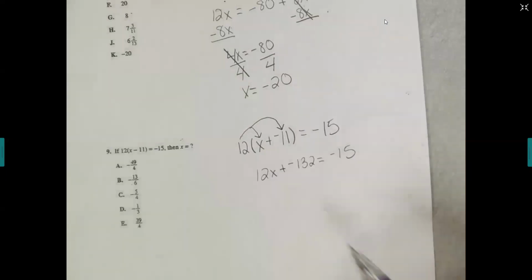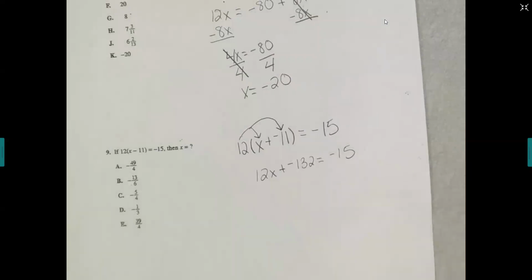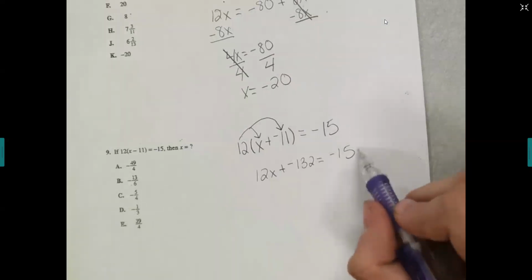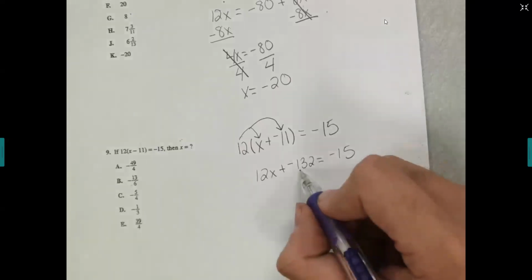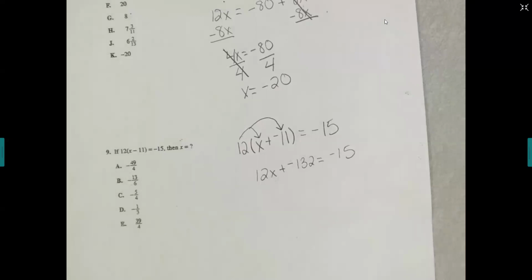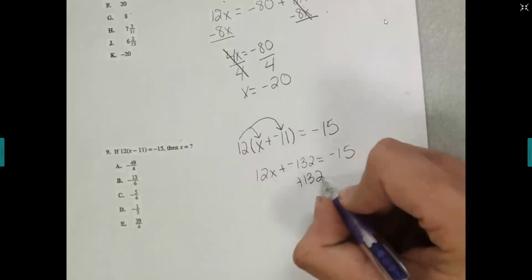I then should think to myself, I want my variable, which is x, on one side of this equation by itself. There's not an x on this side of the equation, so let's just leave 12x over here. Let's get rid of this -132. And since it's -132, that means I want to add 132 to both sides.